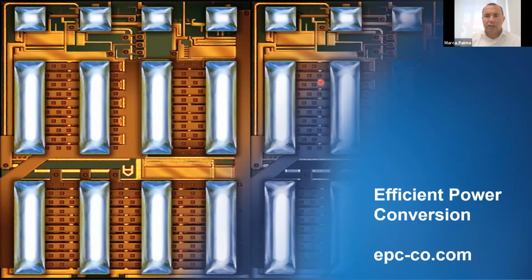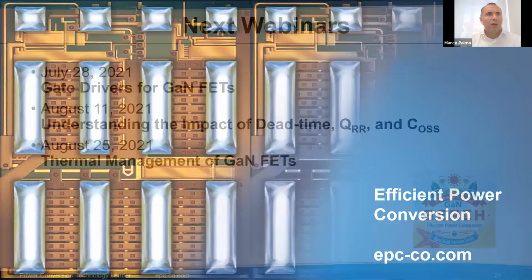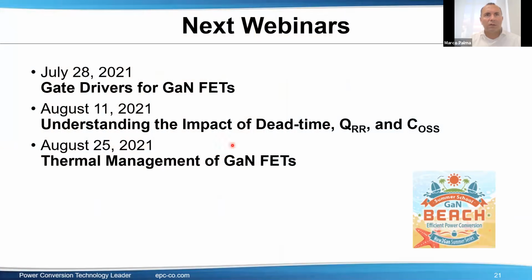You can do the 2 kilowatt, and there are several ways, but we have a specific way to do the thermal management and the heat removal, and that will be discussed in the last webinar on August 25.